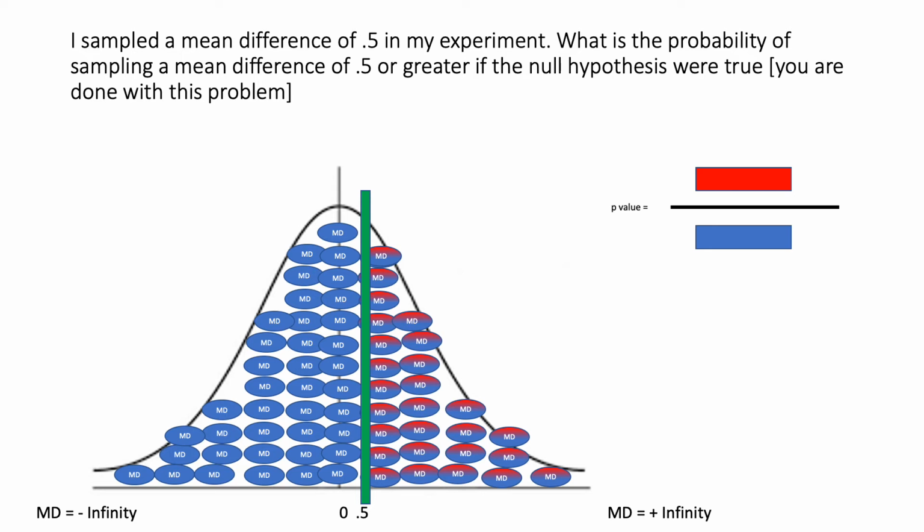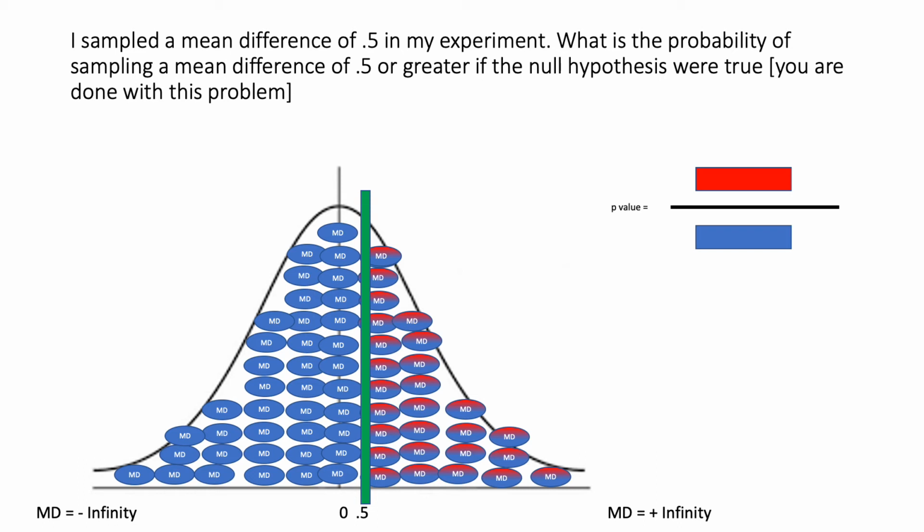We're using that random sampling distribution of mean differences that tells us the probability of sampling any mean difference from negative infinity to positive infinity if the null hypothesis were true. So the probability of sampling a mean difference of exactly 0.5 if the null hypothesis were true is infinitesimally small. The probability of sampling a mean difference of 0.5 or greater is about 40%, and that's technically our p-value in this specific problem.